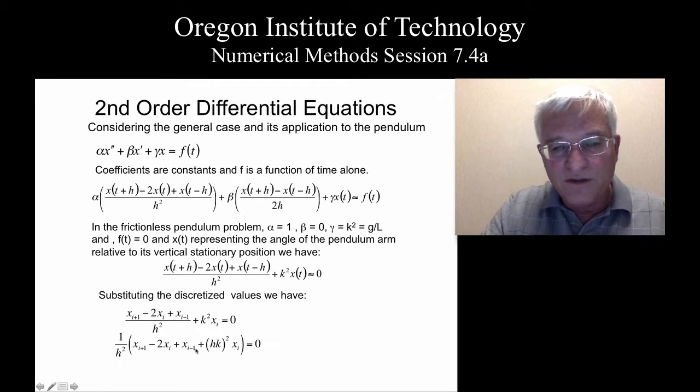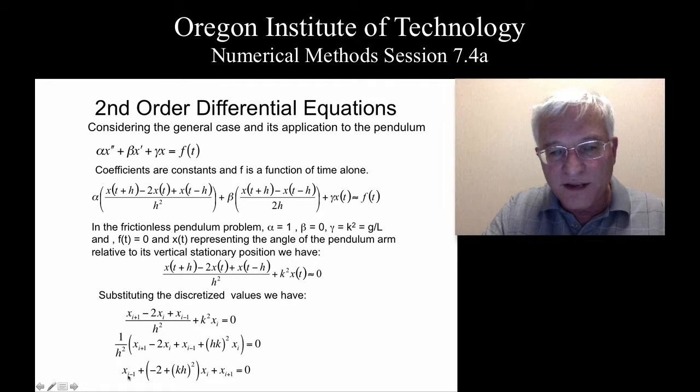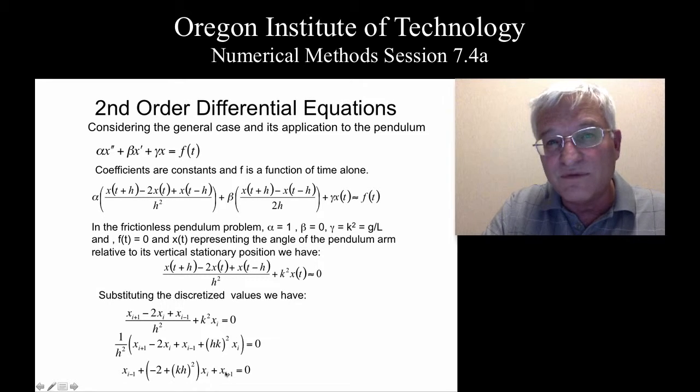I'm going to put the i minus 1 on the left, the i plus 1 on the right, and the i in the middle, just because it's going to work out a little better. And when I do that, I end up with this expression here. So I have the earliest time period, lagging back by one time period, the current time period i, or the angle at that time period times some coefficient, and then we have the next angle position.